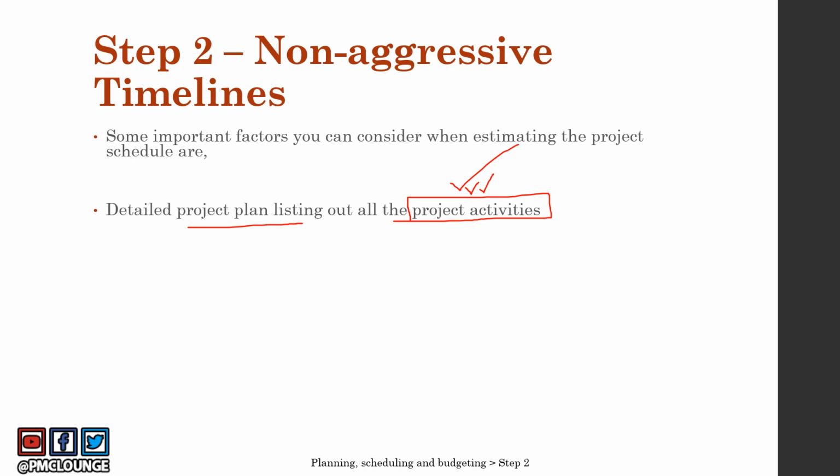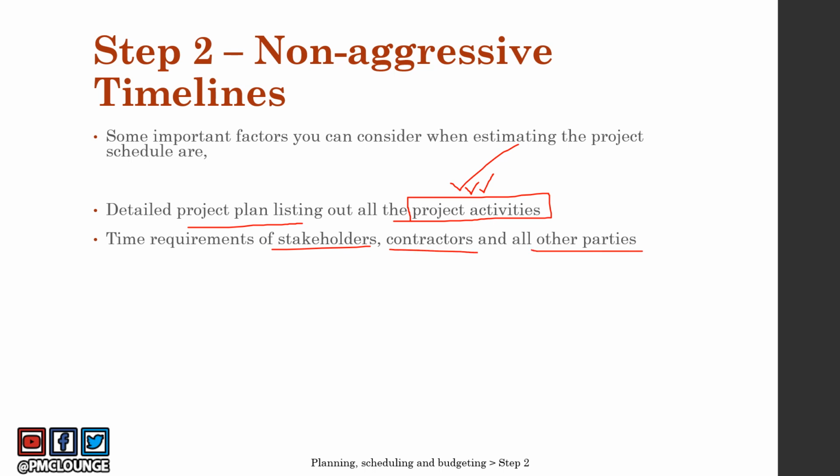Make use of all those tools and have a view of all the activities that are required to be done as part of your project. Having this view of all the activities is going to help you come up with a good estimate that is non-aggressive, that is achievable. Next, time requirements of stakeholders, contractors, and all other parties.